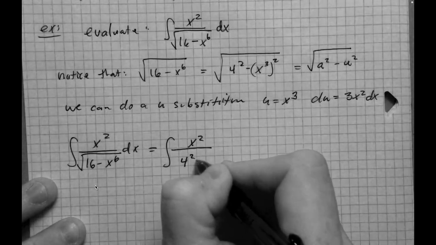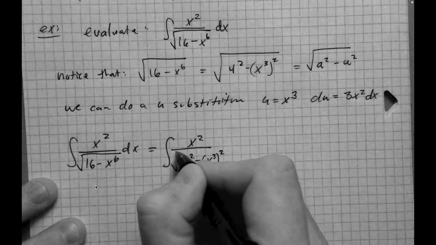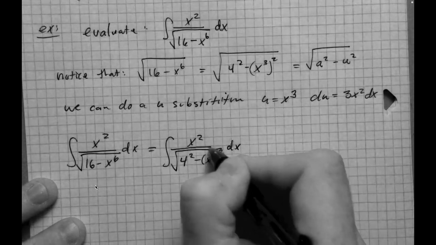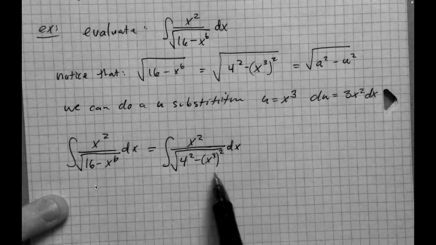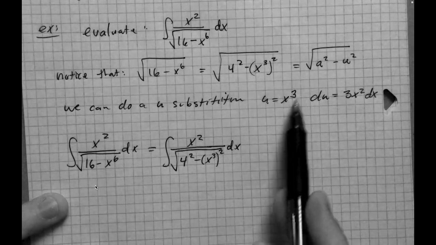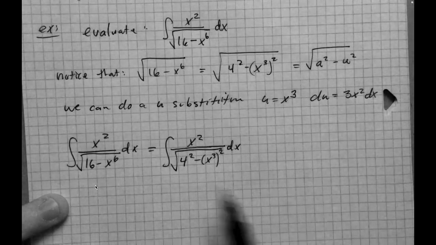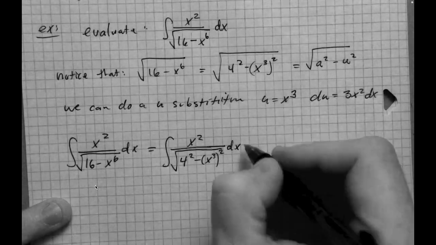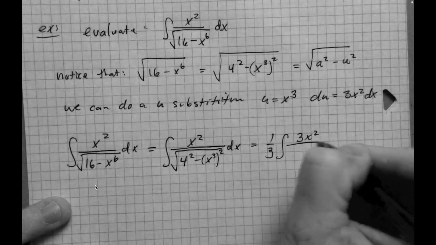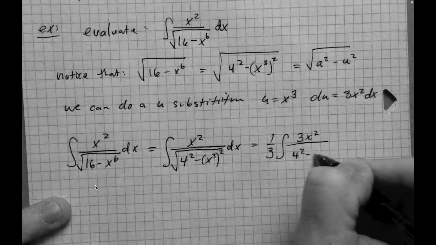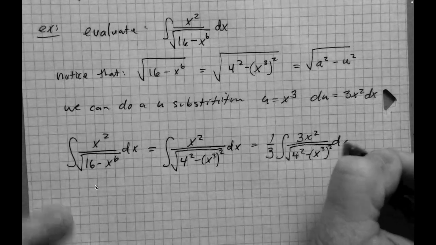So that'll be 4 squared minus x cubed squared. Okay, and if we let u equal x cubed, then du is equal to 3x squared dx. And so we're very close, aren't we? Right? If we were to do this, that gets us really what we need.